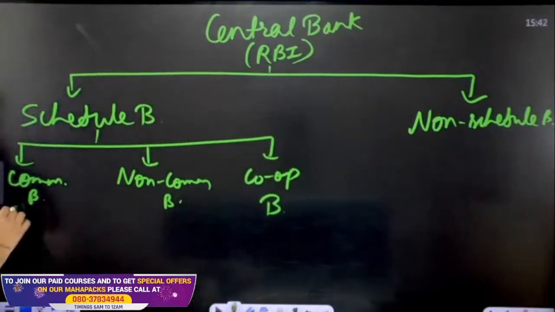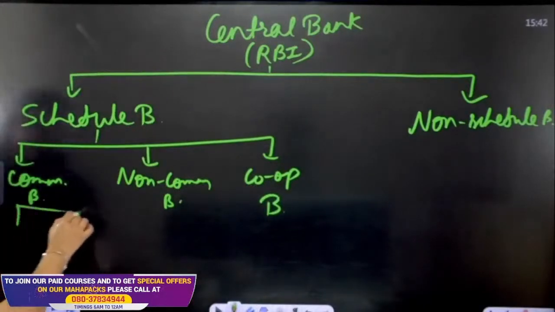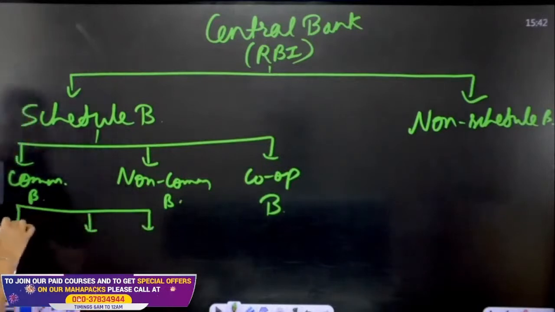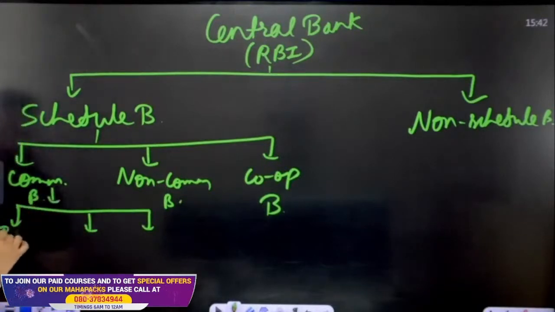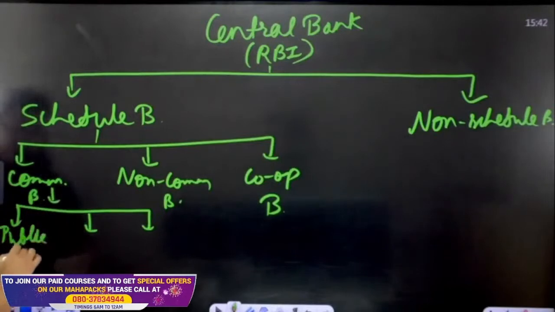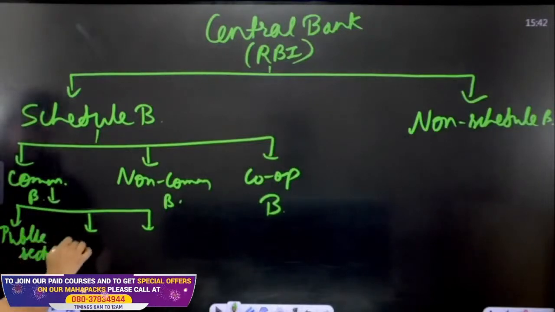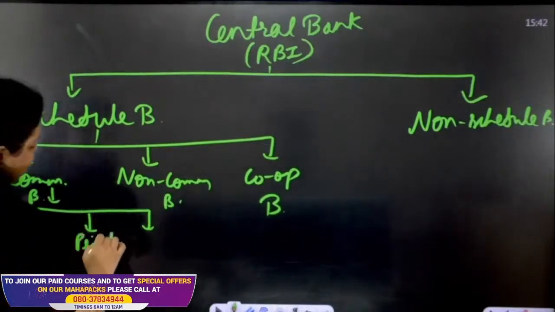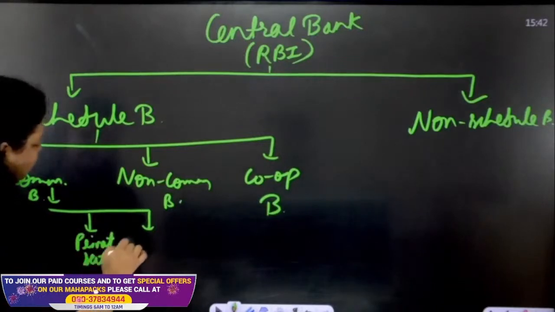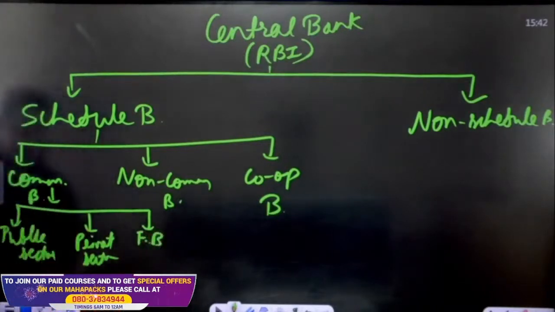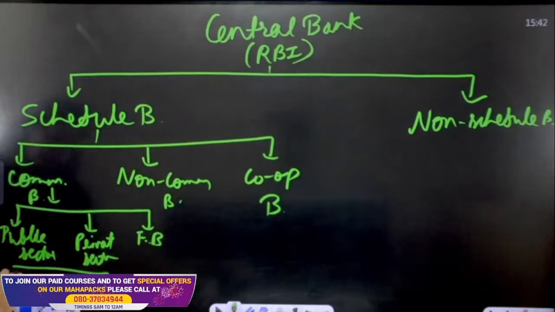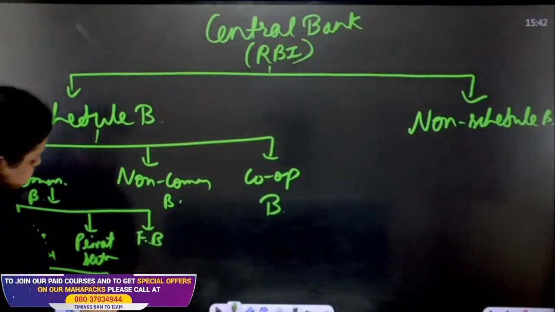Now the commercial banks are further divided into 3 categories: public sector banks, private sector banks and foreign banks. Now the public sector is further divided into two categories. First is State Bank of India and the second one is nationalized banks.